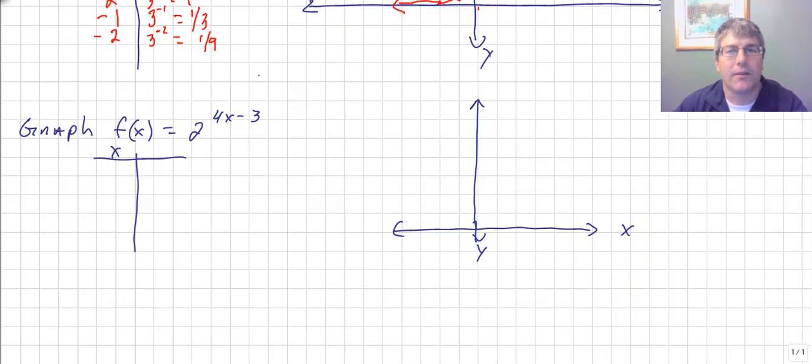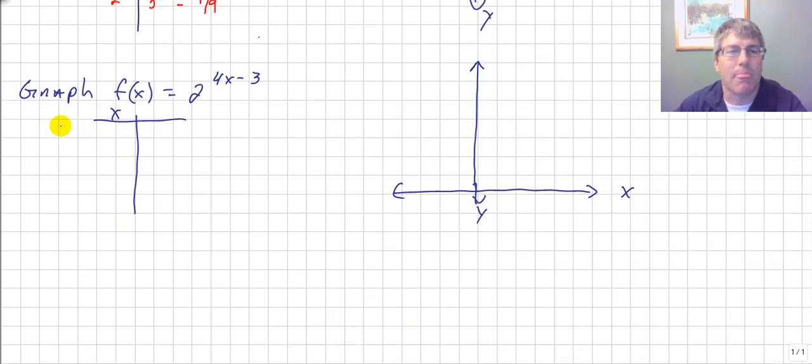Let's take a look at something a little bit more challenging: f of x equals 2 to the 4x minus 3. Our unknown x is still in the exponent, but now we have an expression as our exponent, 4x minus 3. Let's put 0 in.